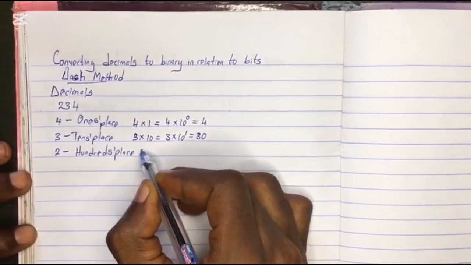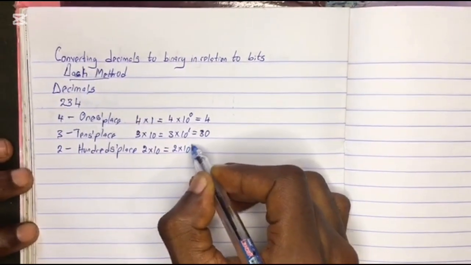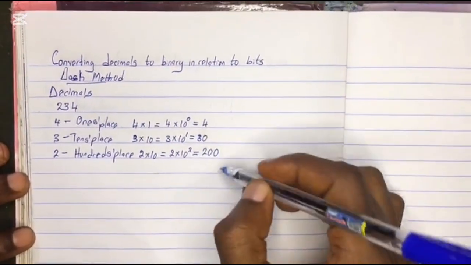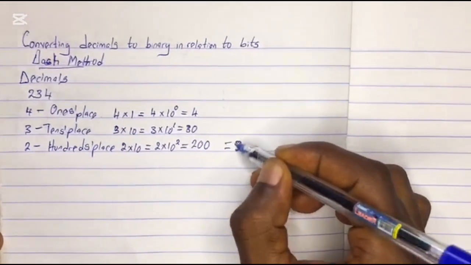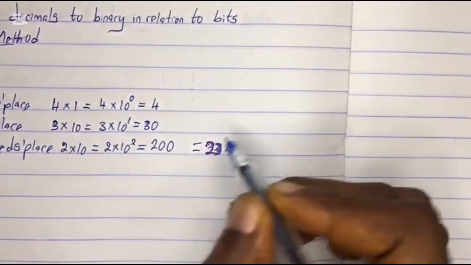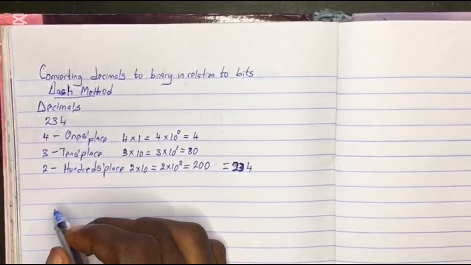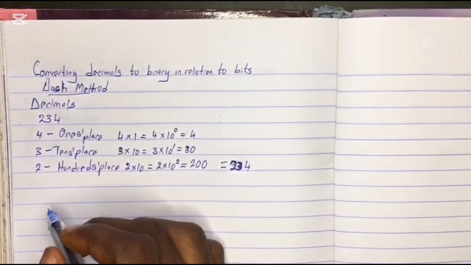Then we have 2 times 10 raised to the power of 2, which equals 200. When you sum this up, you should have 234.